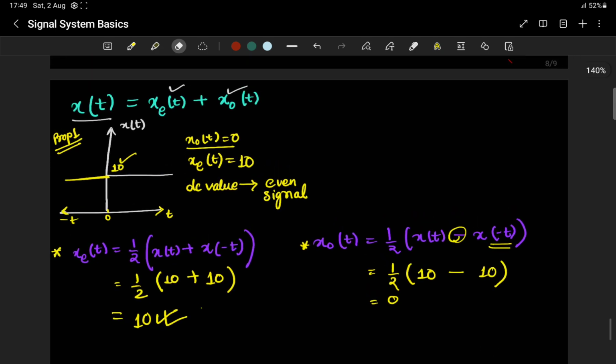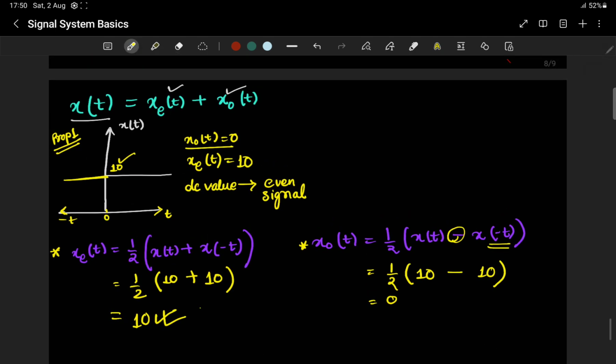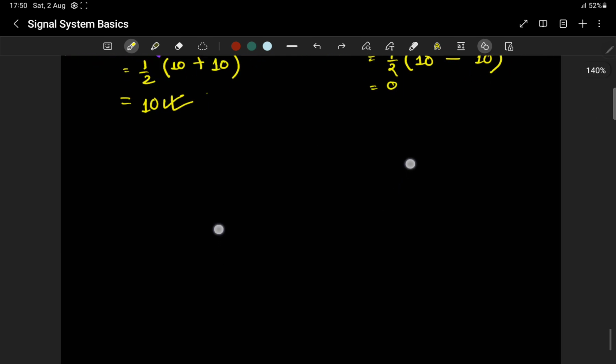Remember, this is the most important highlighting point: a normal general signal always has a component of both even as well as odd. So I'm moving to the second property.